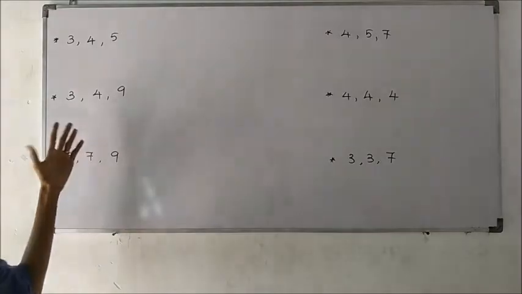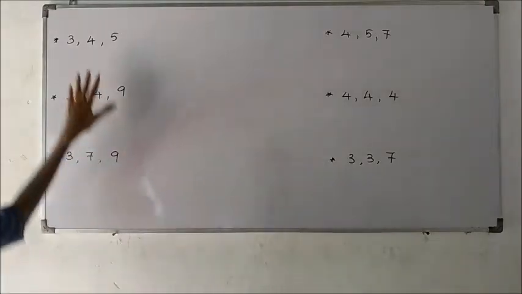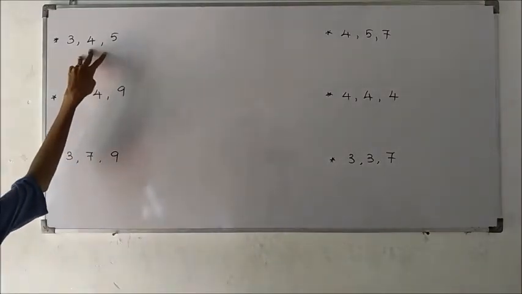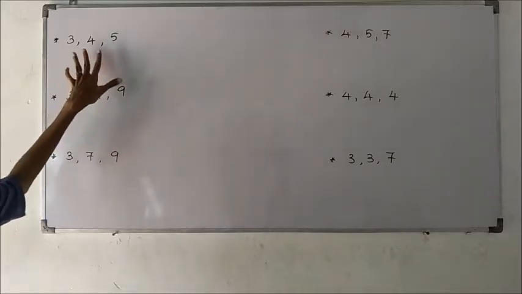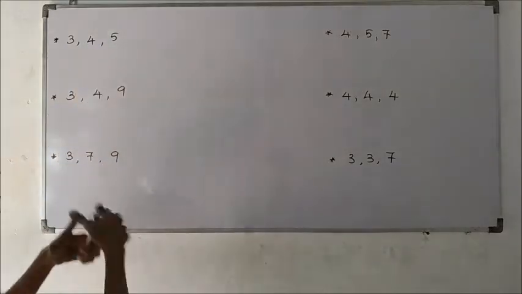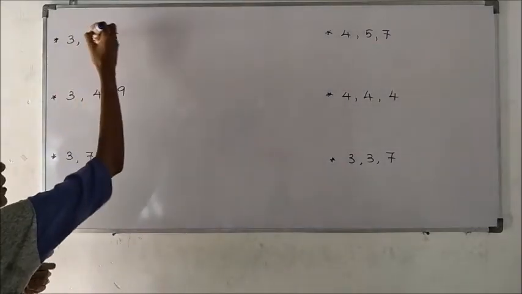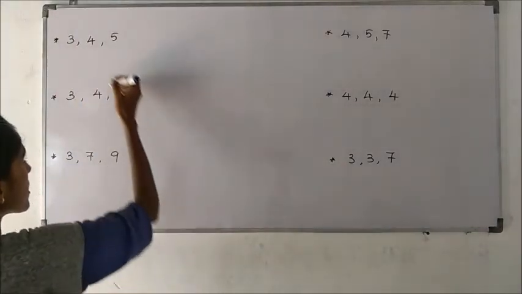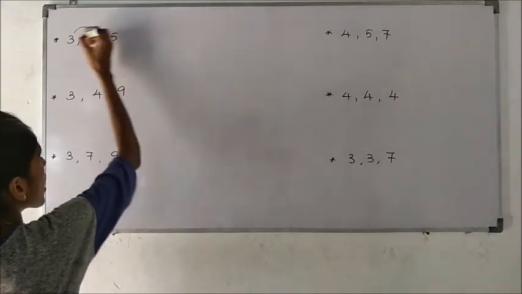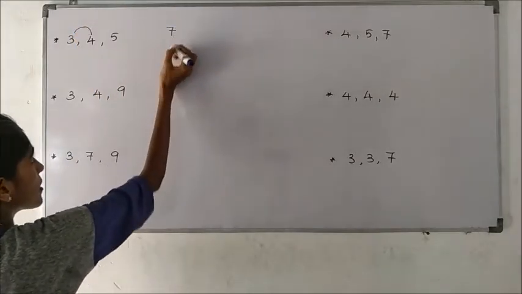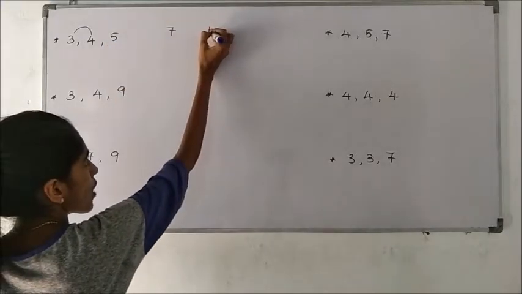See, I have given you a few values. Just think these three are the lengths of three sides of a triangle. Firstly we will add two by two and compare with the remaining side. The sum of the first two is 7 and the remaining side is 5.